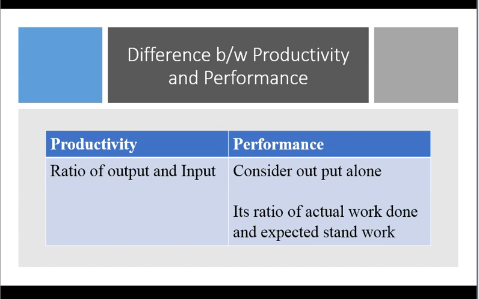Now how properly you utilize the resources, that comes into productivity. When production is joined by efficiency or effectiveness, then it is related to productivity. So productivity measures how effectively input resources are utilized in their conversion into output. That is what comes into productivity.